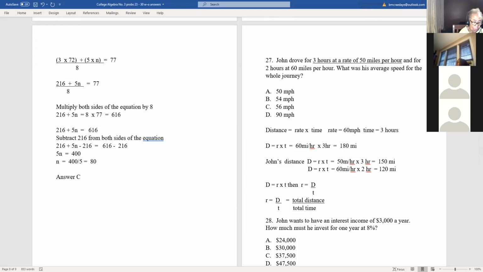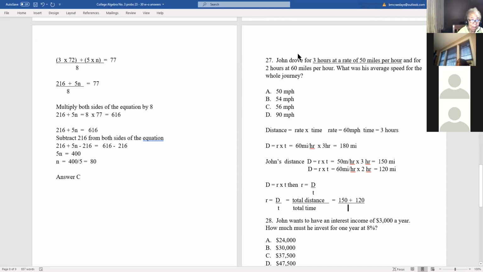So that's equal to 150 plus 120. And what's the total time? What's the total time? 5 hours, right?